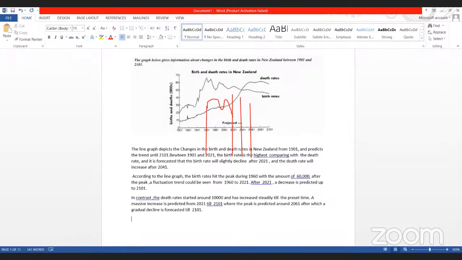Now I'm coming to the end, right? I have taken all the key components and now I'm at the end. So I'm using the word overall.